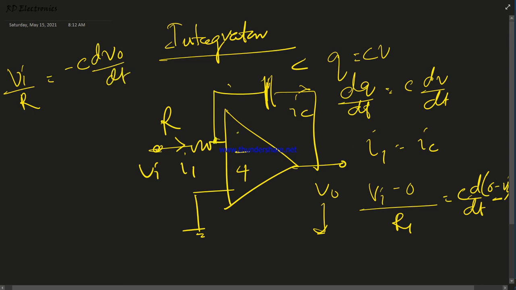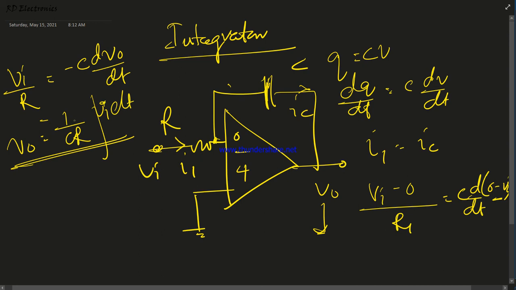Because here the potential equals 0 and this is V0. So we get V input by R equals minus C dV0 by dt. So what is V0? V0 is minus 1 by CR integration of V input dt. So the output voltage is the integration of the input voltage. That's why it is known as the integrator circuit.